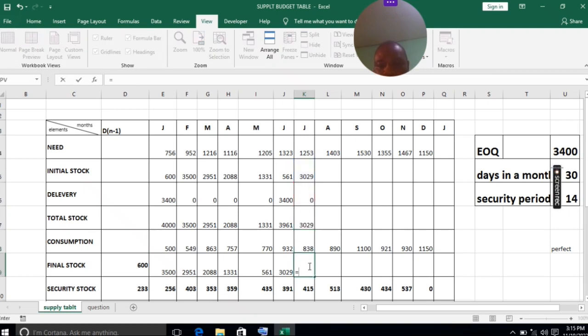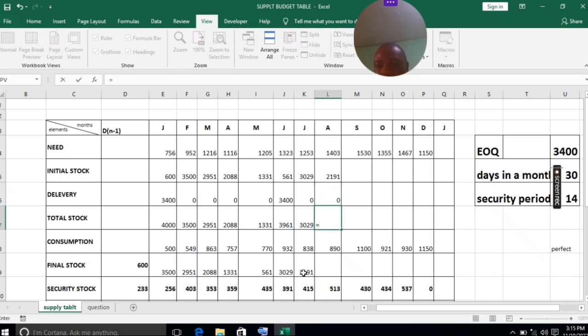Final stock is equal to this minus consumption, is equal to that. And the opening stock in August is equal to 2191. Good. Initial stock in August is greater than the need, so no replenishment, zero.